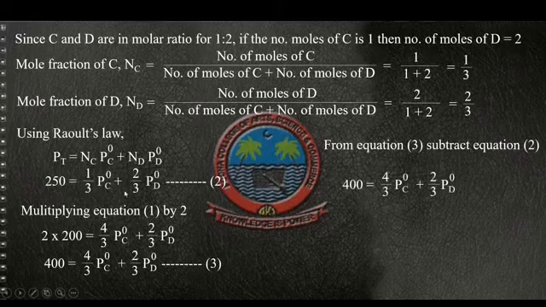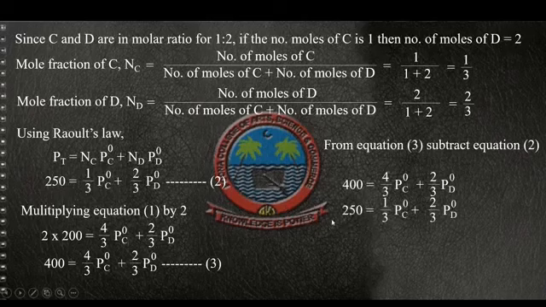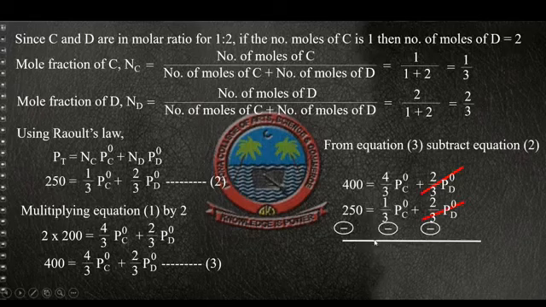So equation 3 को पहले लिखा like this and 2 को मैंने बाद में लिखा. Since I am subtracting, I am reversing the sign. This will become minus, this will become minus, this will become minus. ये दोनों cancel हो जाएंगे. So I can find out PC naught from here. This cancels. So PC naught is equal to 150.